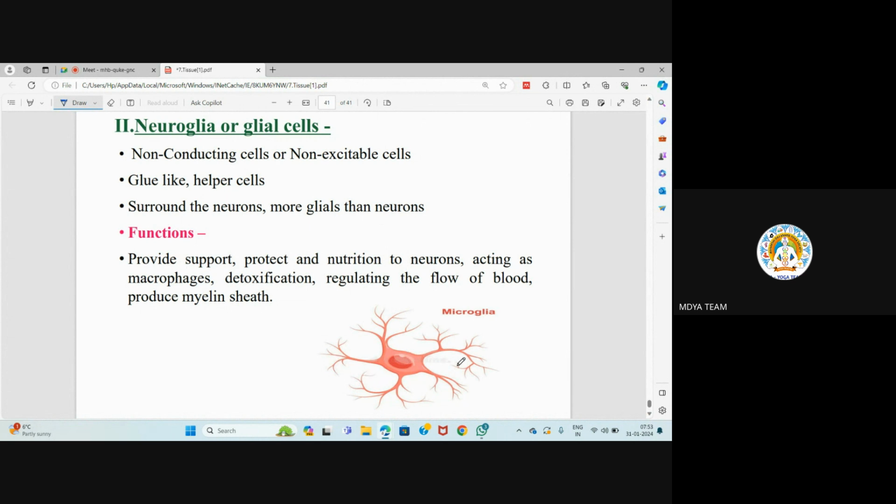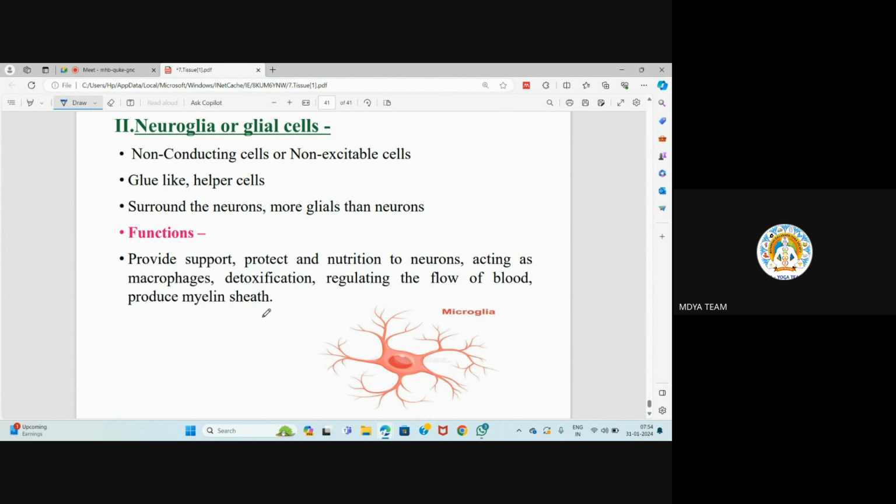What are the glial cells doing? They are providing support to neurons, protecting neurons, providing nutrition, acting as macrophages, and working as detoxification. You know these terminologies, right? And they are regulating the flow of blood and producing myelin sheath.